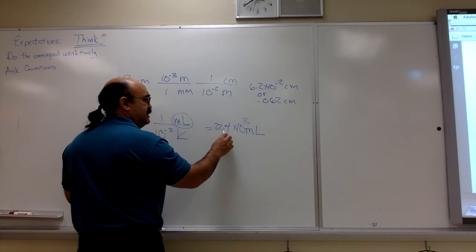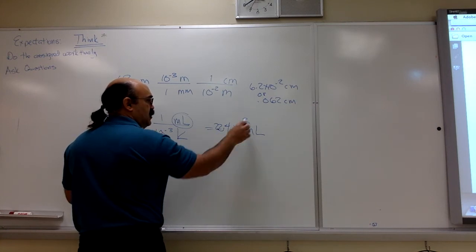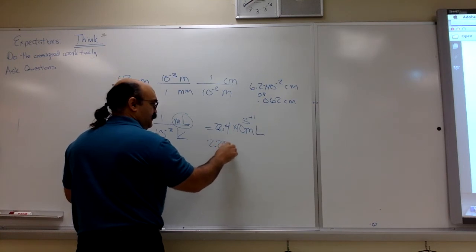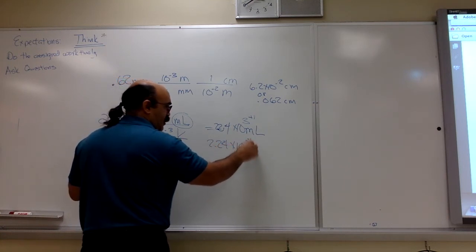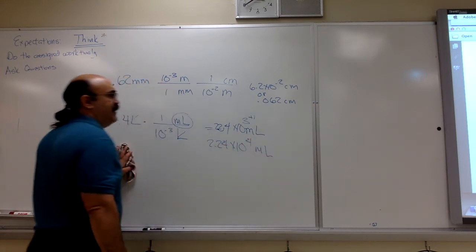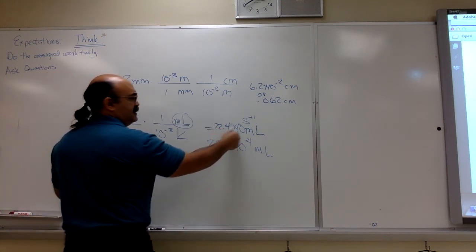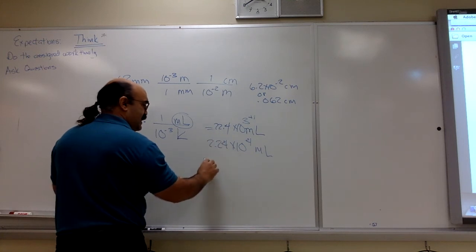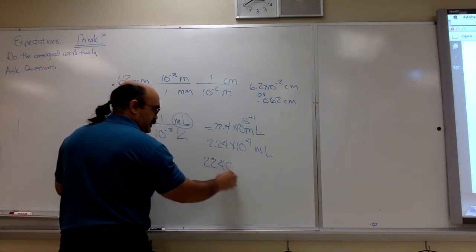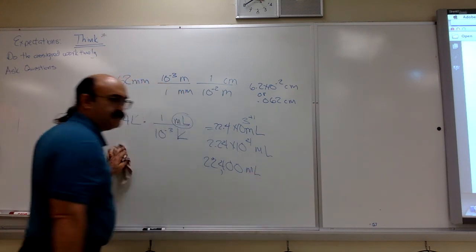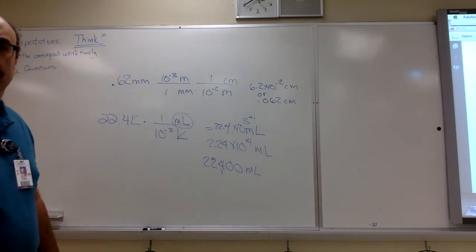If I'm leaving it in scientific notation, I'm going to move this over and add 1. So this becomes 2.24 times 10 to the 4 milliliters. If I'm going to simply write it as a number, this says move this over 3 places. So I get 22,400 milliliters. Either one of those is a correct answer.